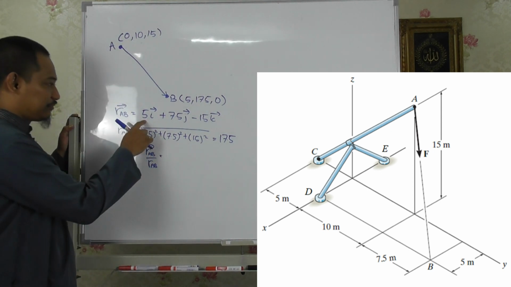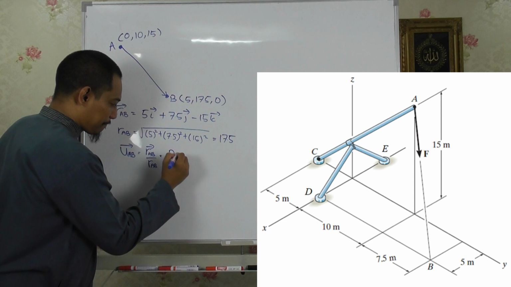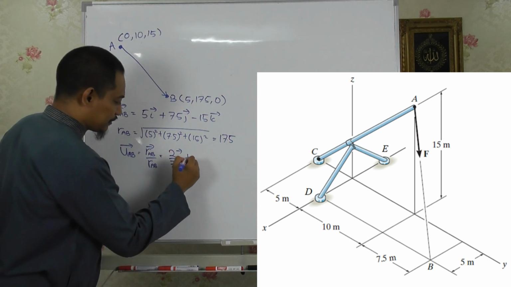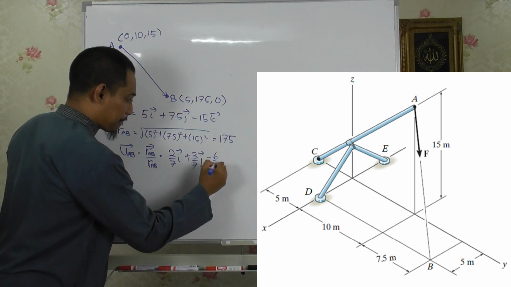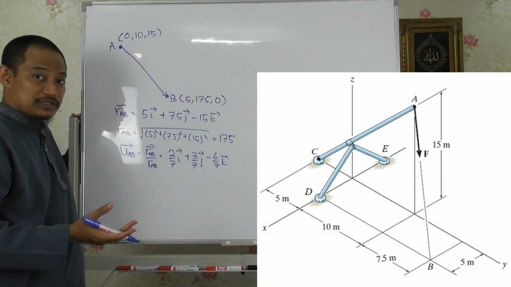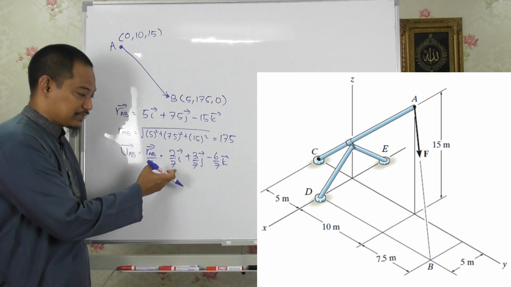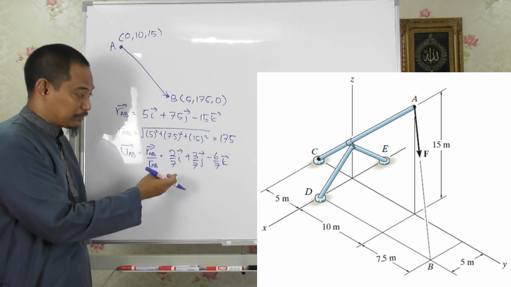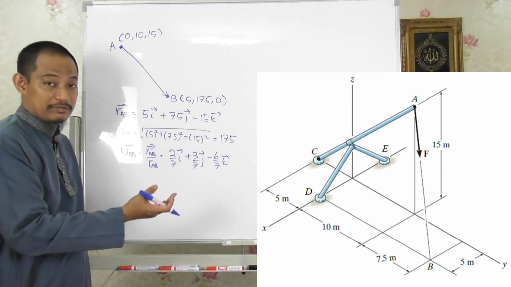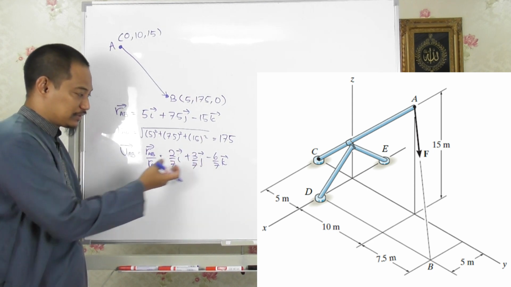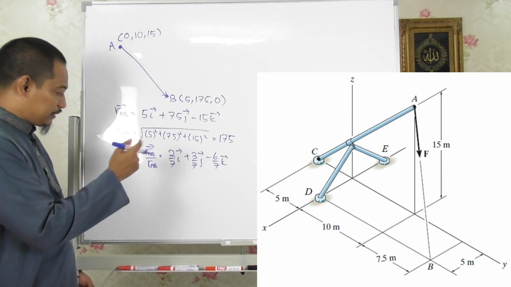That will be 5 divided by 17.5, you get 2/7i, plus 3/7j, minus 6/7k. Now if it is possible, I always prefer to have fractions because they still have zero error, right? If you use decimals, you already round off certain numbers, then you introduce a certain level of error, right? So if it's possible, I always stick with fractions until we need to multiply or whatever.